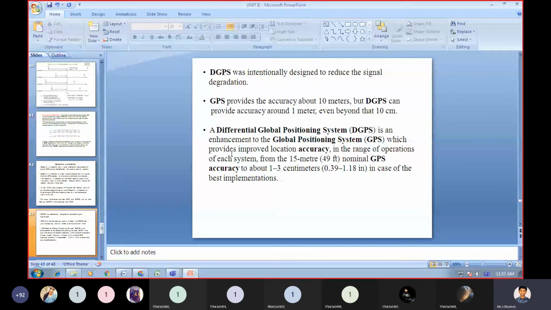DGPS is an enhancement to GPS which provides improved location accuracy, from 15 meters nominal GPS accuracy to about 1 to 3 centimeters in the best implementations.